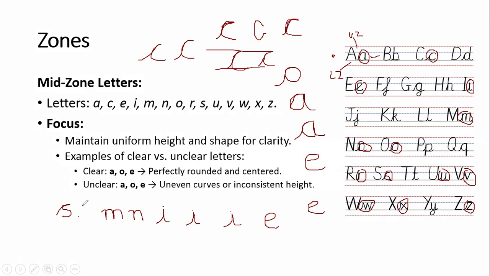Then U. Then V. Then W. Then X. You can write X like this, or else you can write simple X like this print. This is also correct. Then Z. Okay. So here, clear A, O, E is important. Perfectly rounded and centered. This is important. Okay. Uneven curves or inconsistencies are to be avoided.